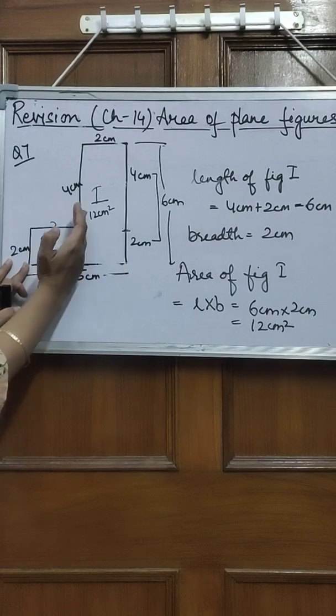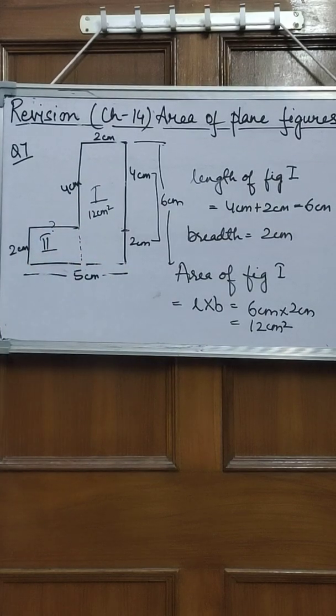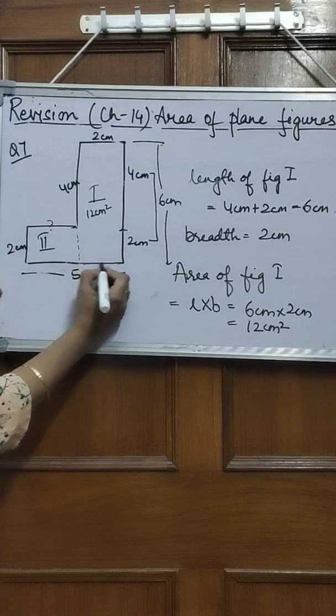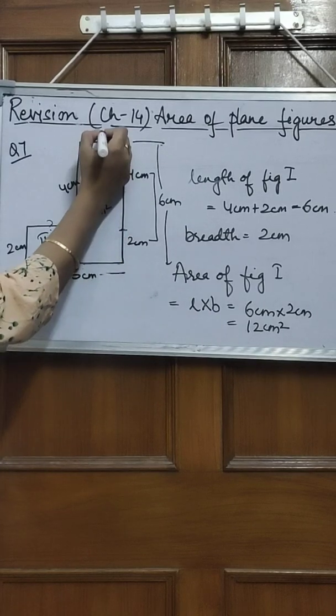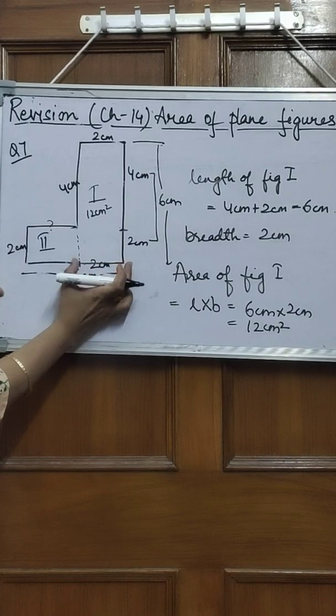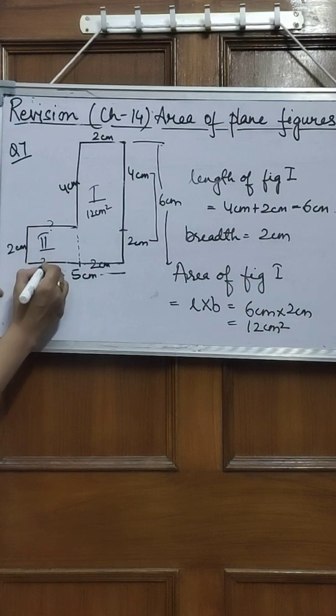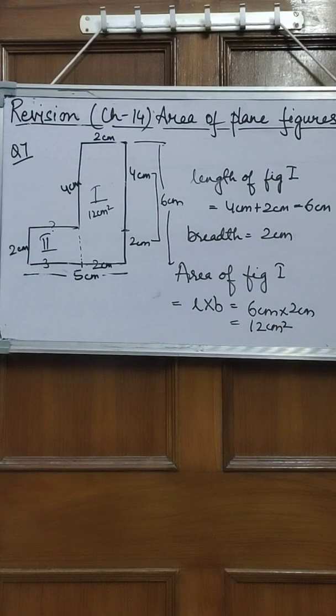Now this entire length is divided from here. So if I see this part till here, the above line says 2. So this portion is 2, this entire portion is 5. So 5 minus 2, this portion is 3. So it's a rectangle that we are getting, and the length of this rectangle is 3 centimeters.